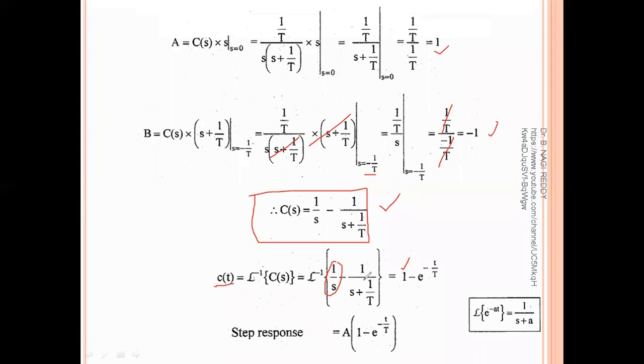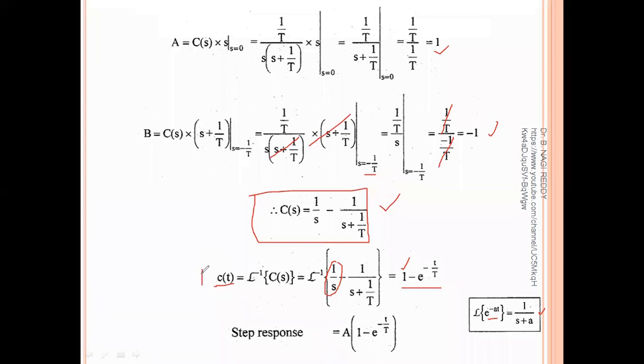And similarly, this is the 1 by s plus a formula in the Laplace transforms. So if we apply inverse Laplace transform, we must write it in the power of e. Here a is 1 by t. In the place of a, we have 1 by t. So if we substitute in this formula, we will get e power minus t by capital T. So this is how we can get our output response in the time domain.